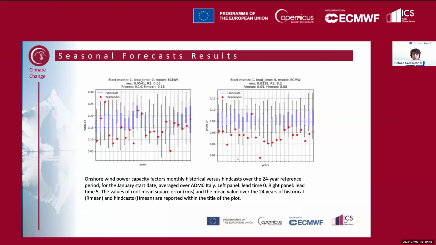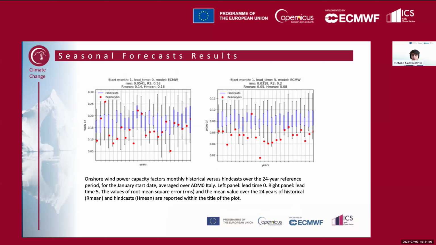Now going on to some results from seasonal forecasts. Seasonal forecasts have monthly runs and have different lead times. So, for instance, the January run will, of course, not only have the month of January, but also the following months inside the same run.